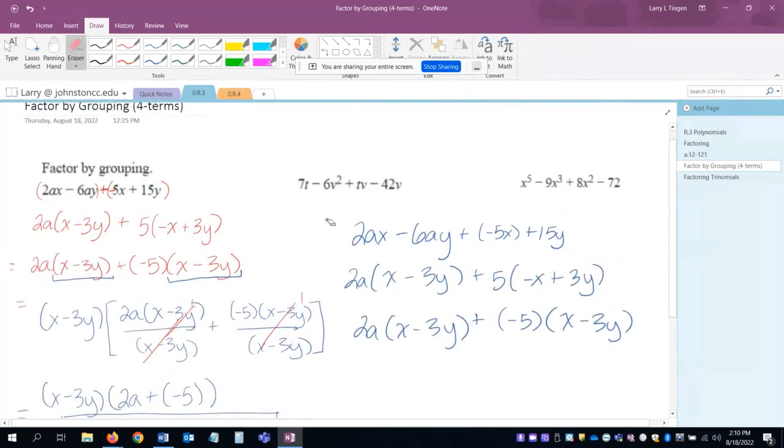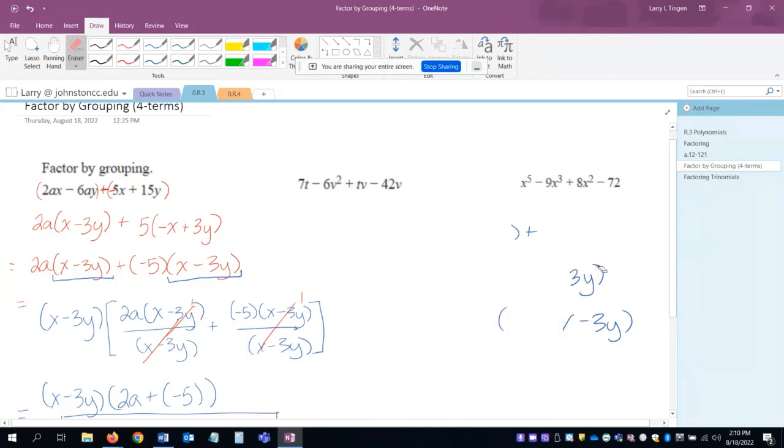Okay. Let's take a look at another one, and I'm going to jump to that last one. The reason I'm staying away from the middle one is that if you try to factor it in its current form, it doesn't work. You have to rearrange.